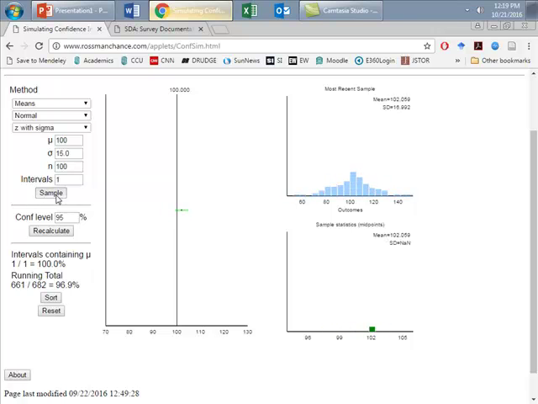All right. And I got to 96. I'm quitting. So we did this draw 683 times. And 662 times, it came out that the number the computer picked was within that sample mean.